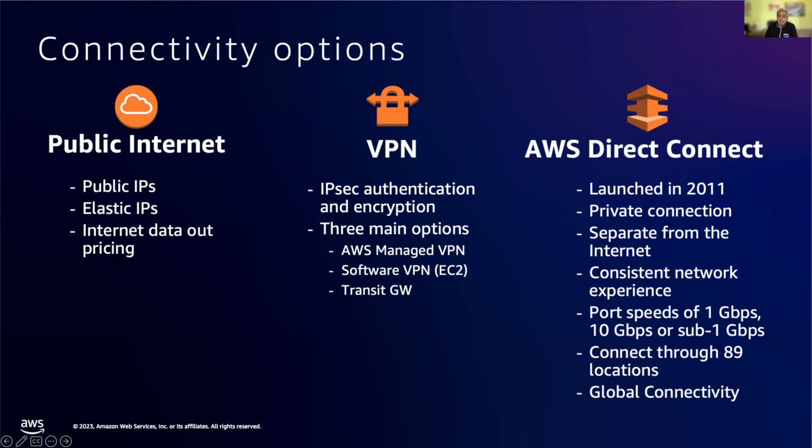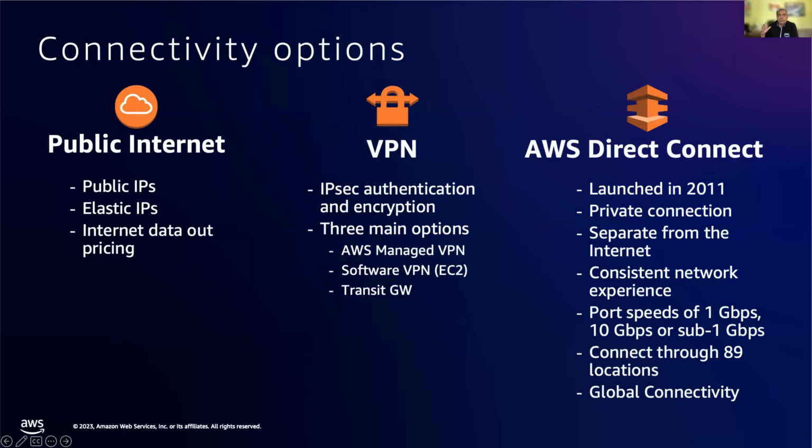And then finally, you have Direct Connect, which is direct connectivity, separate from the internet. It's a direct line from your data center into an AWS region with dedicated speeds of 1 gigabit per second or 10 gigabits, or you can go through a partner to get sub 1 gigabit per second speeds.